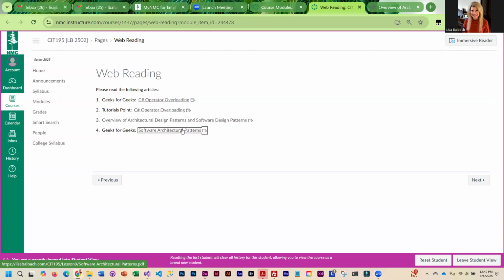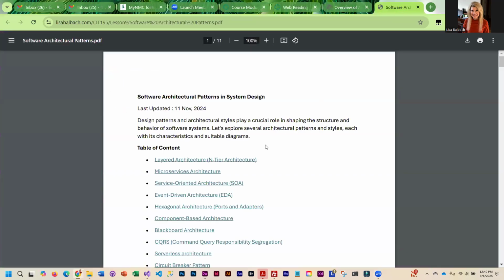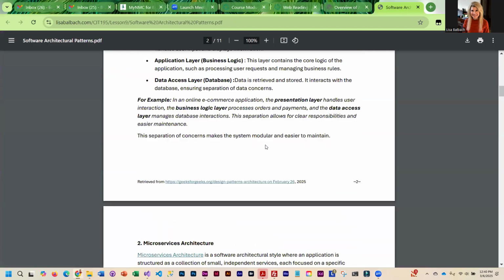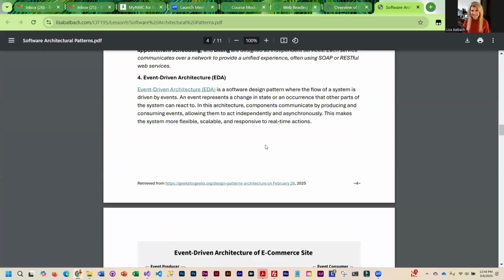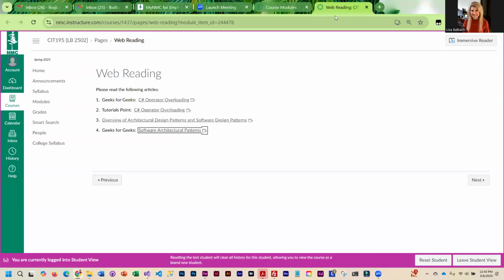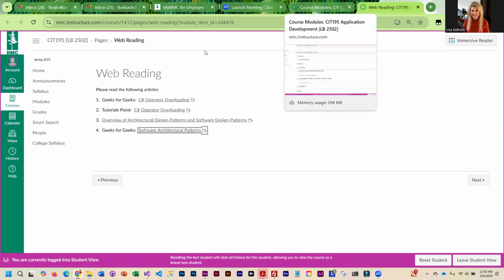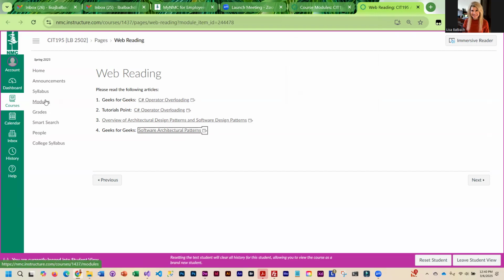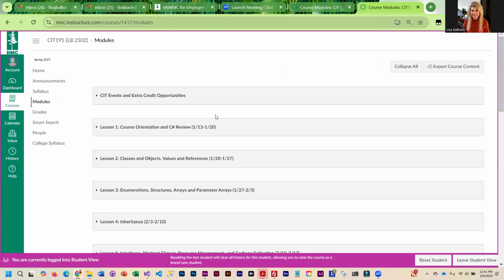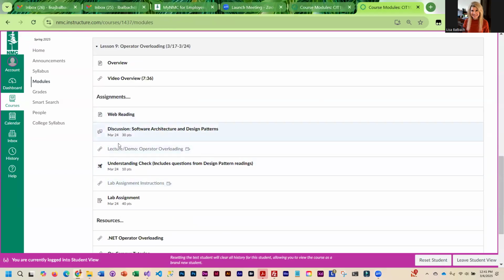And the second one is basically taken from an existing website, so you can read through that as well. The reason we're reading through architectural patterns is because it is something we cover in this course, and you have a discussion on it. The lecture demo this week is fairly light, so that is why we are also looking at these patterns.